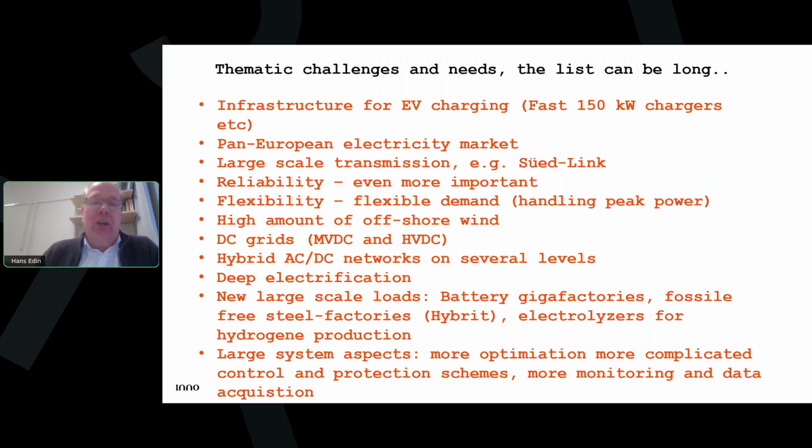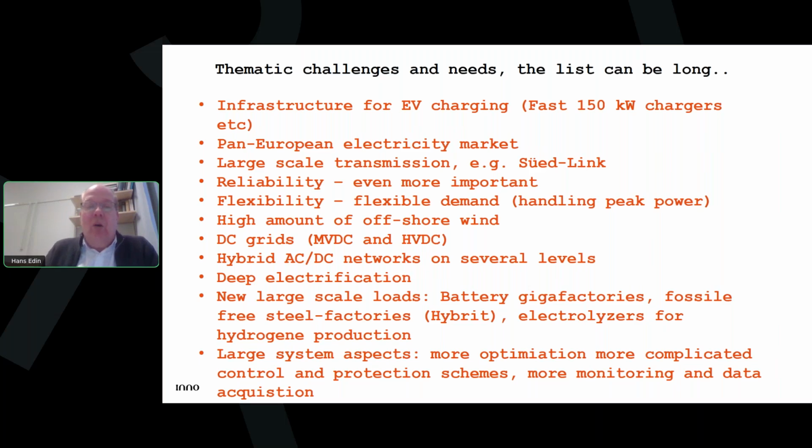Even if we have much local generation in the smart grids, we also see an increasingly strong need for large-scale power transmission, for example, due to power corridors in Germany, for example, the SuedLink and so on. And we can continue this list with reliability, flexibility, and offshore wind, onshore wind, batteries, electrolyzers, and so on.